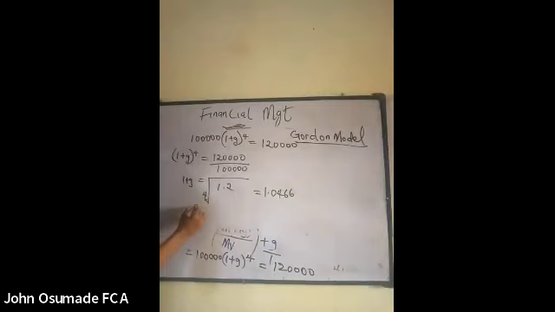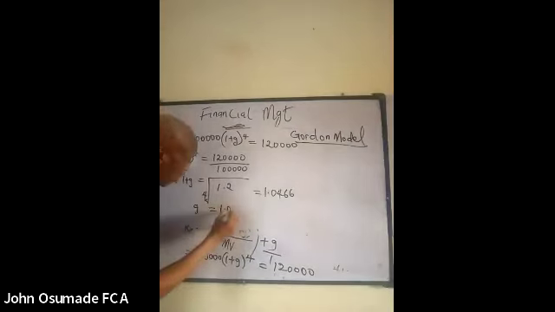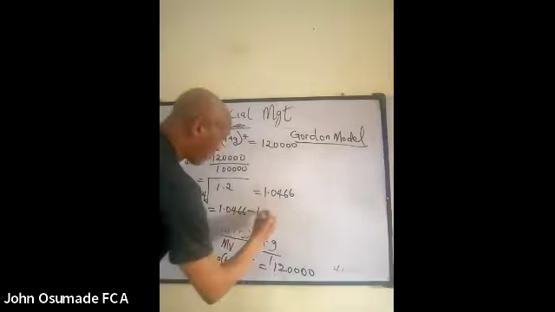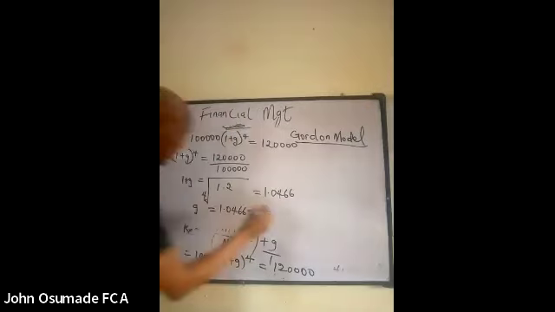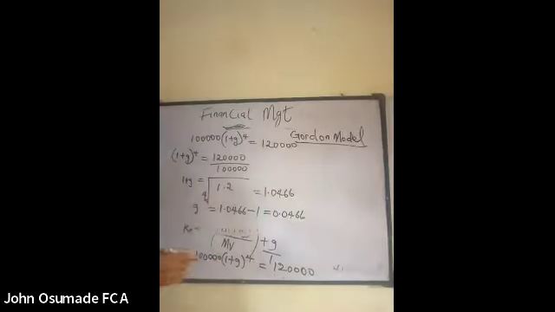Now, what it means is that G will be equal to 1.0466 minus 1, since the 1 comes over here. That will give us 0.0466.